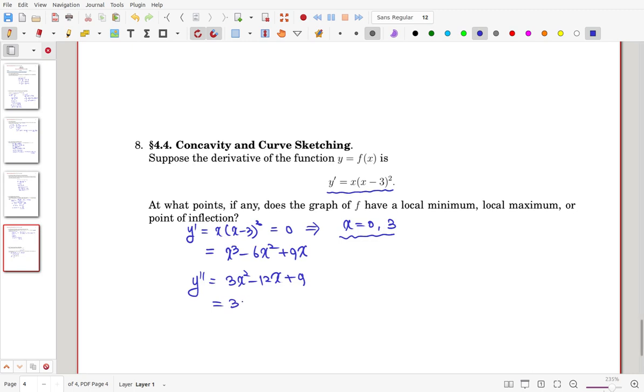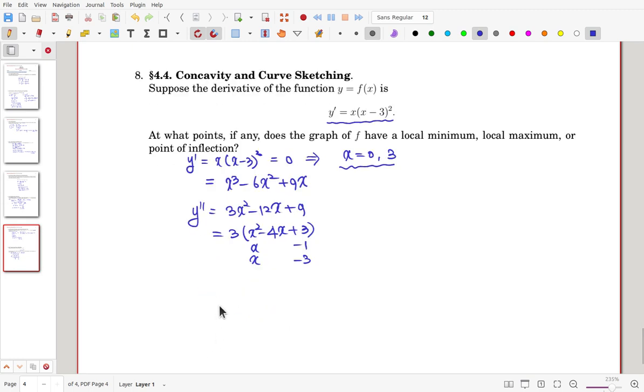We can take 3 out, then x squared minus 4x plus 3, which can be factored into x minus 1 and x minus 3. That means that y double prime is the same as 3 times (x minus 1) times (x minus 3). Okay, so if it is 0, then we get x equals 1 and 3. At those points, the function may have a point of inflection.